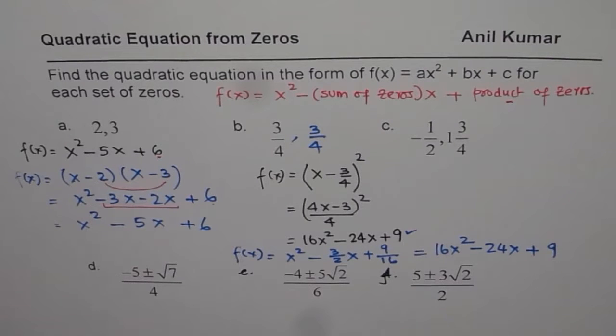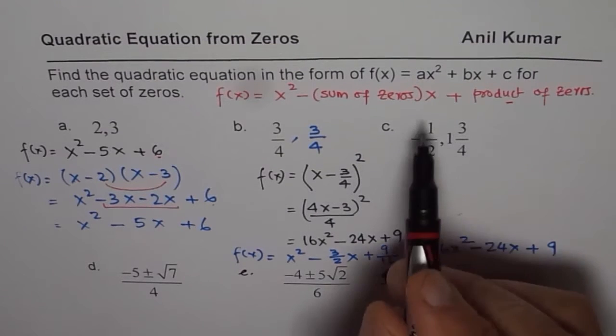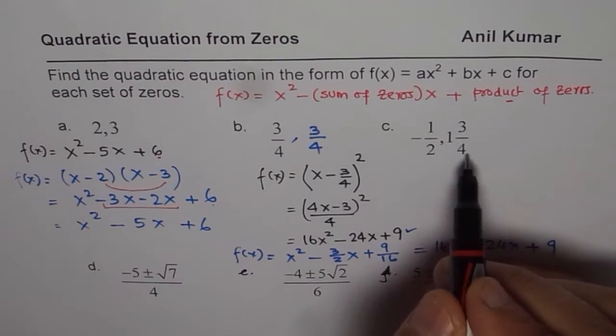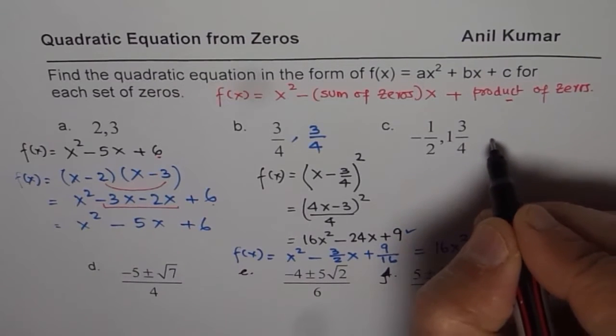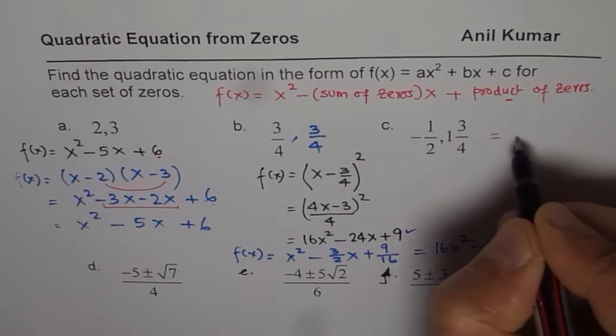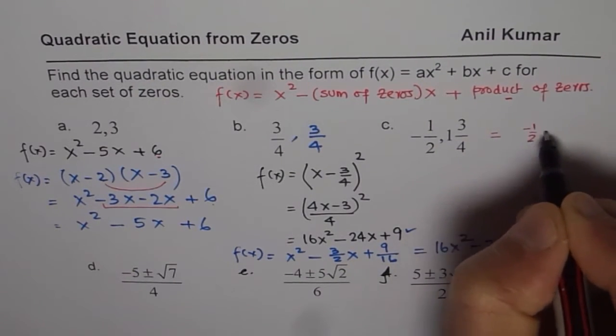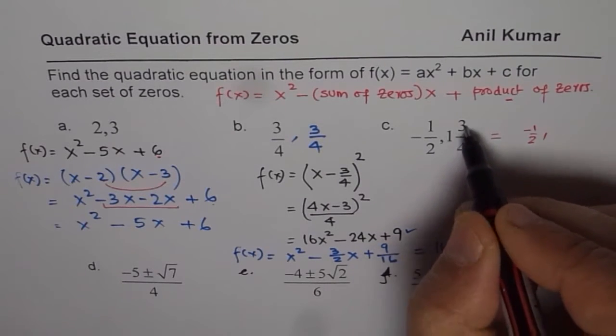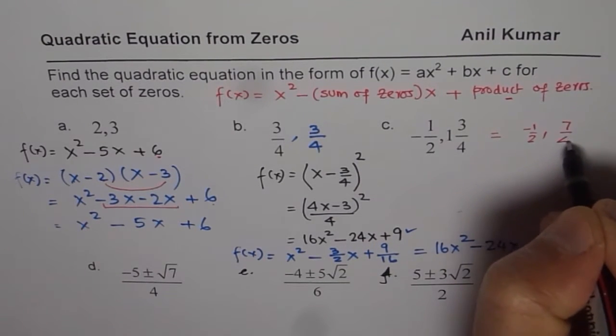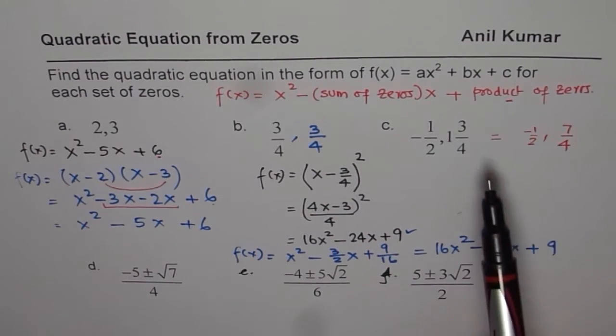Now, the question for you is to combine the strategies which you have learned and adopt what you really like. Now, in this particular case, I would like you to rewrite these zeros as minus half, and 4 plus 3 is 7, 7 over 4, right? That will give you the solution.